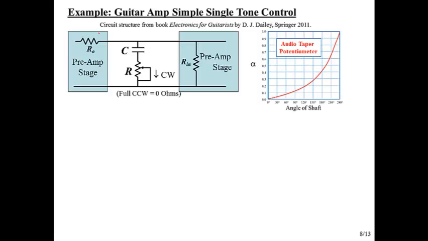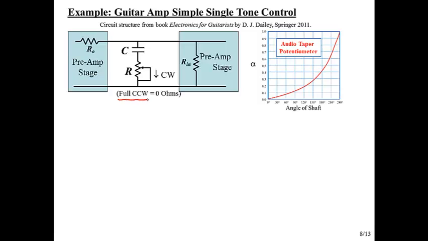So it goes between two different preamp stages, and so we have to account for the output resistance of the previous stage and the input resistance of the subsequent stage. Basically it's just this series RC, and the resistor is adjustable, so as you turn the knob on the front of the amp, all you're doing is adjusting this resistor.